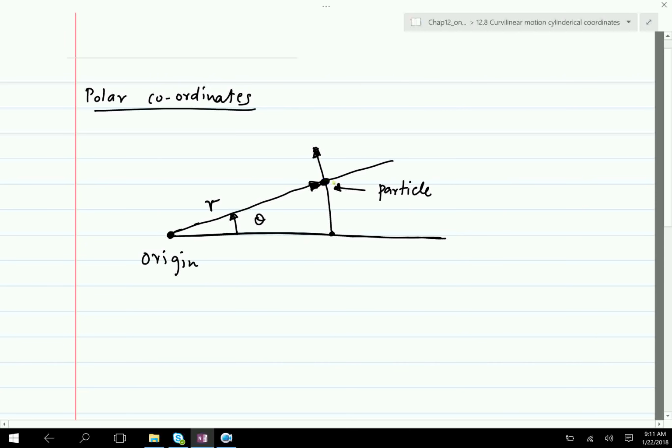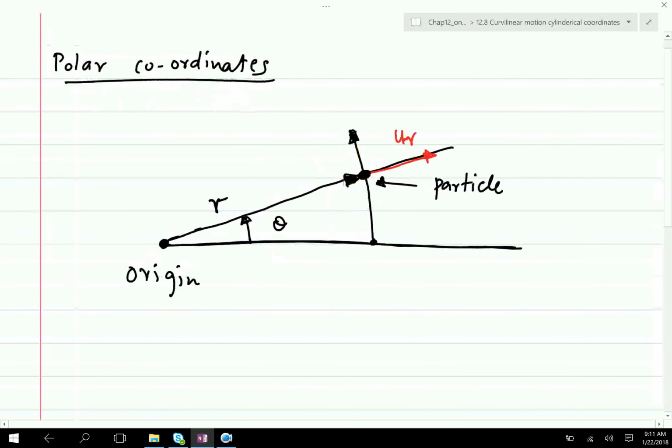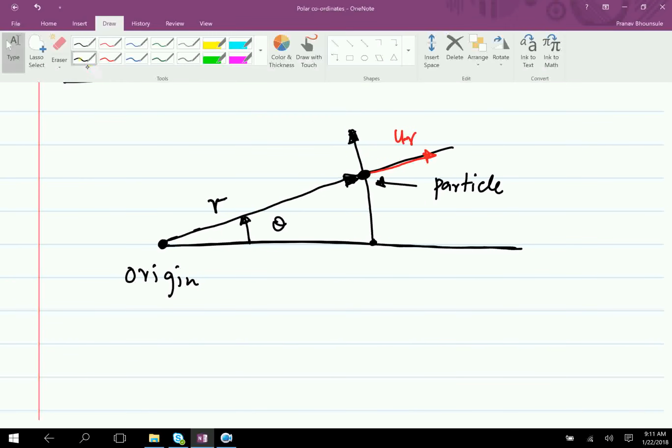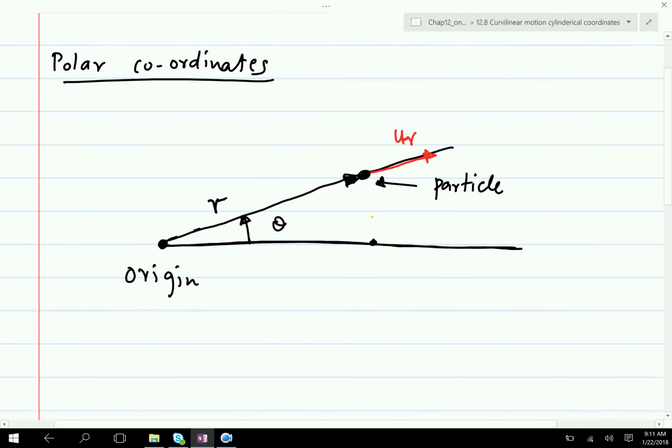So I'm going to draw ur, and we modify this a little bit, slightly skew.